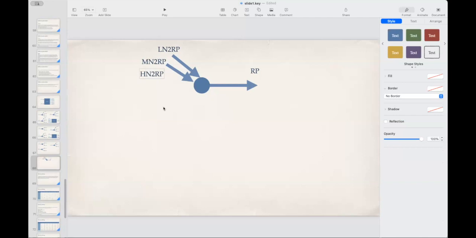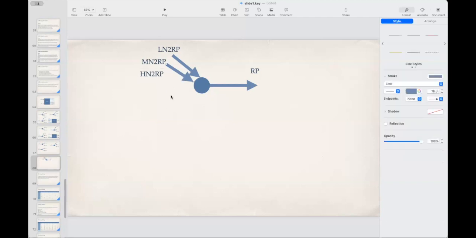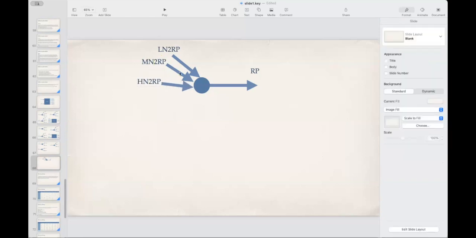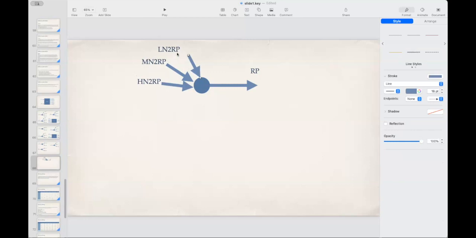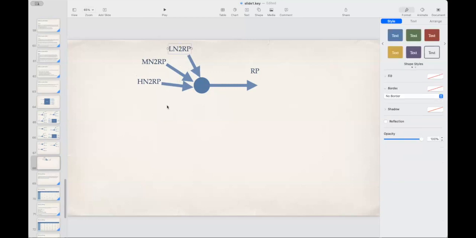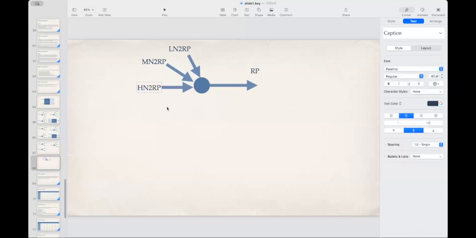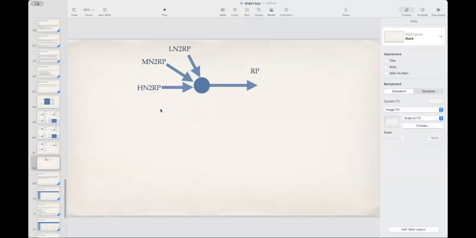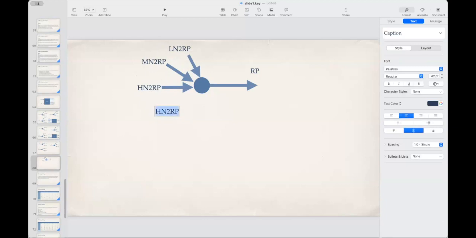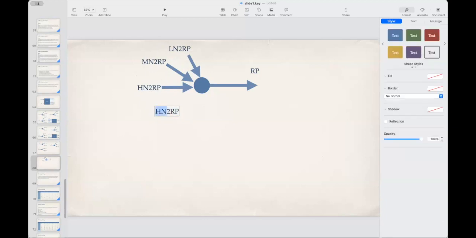Every naphtha to RP. What else? Yes, good, RG to RP. And what else?